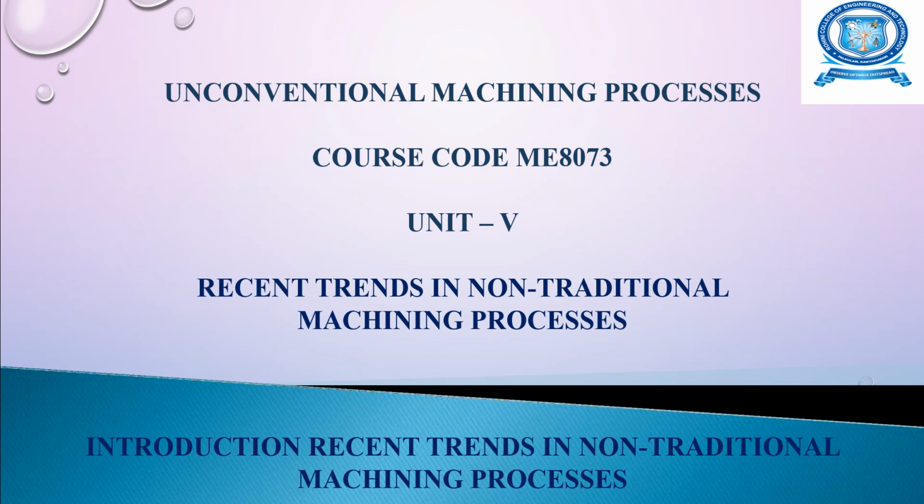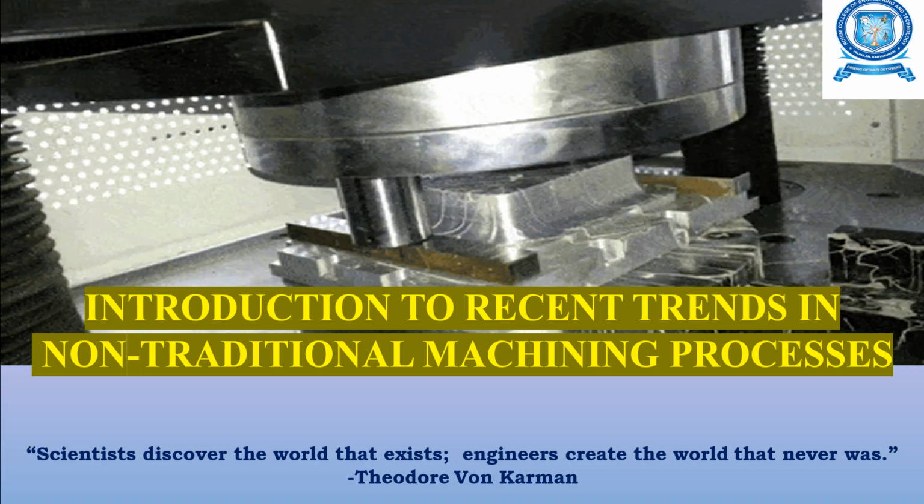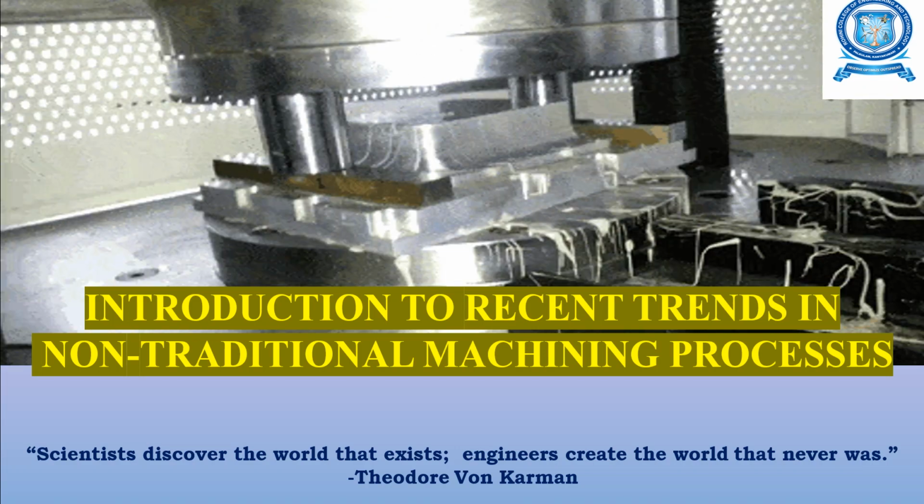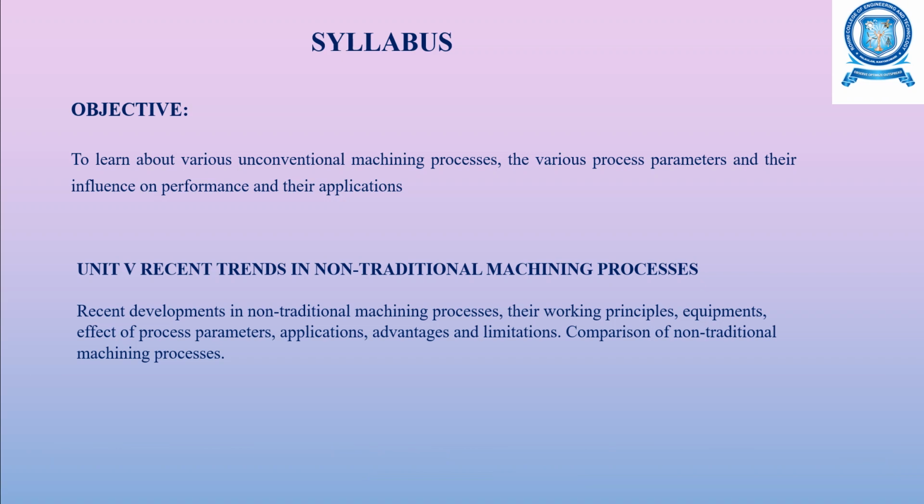So in this process, you have the syllabus, and the objective of this non-conventional machining process is to learn about various unconventional machining processes, the various process parameters, and their influence on performance and their applications.